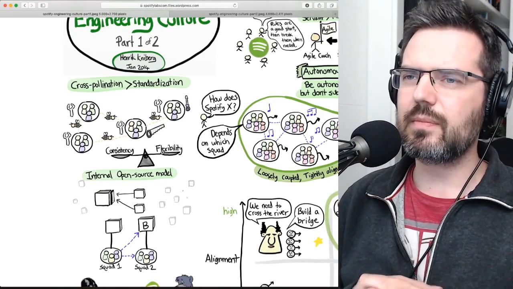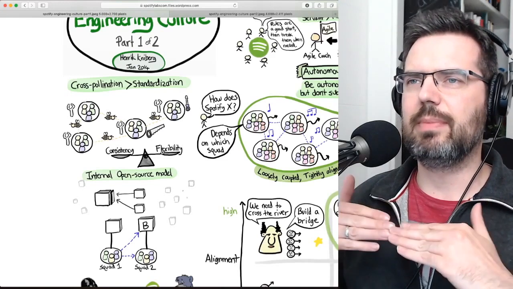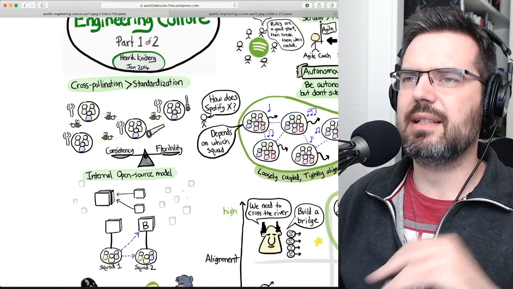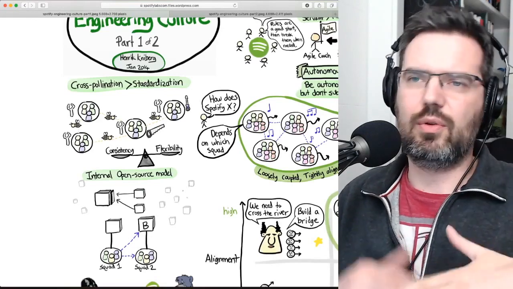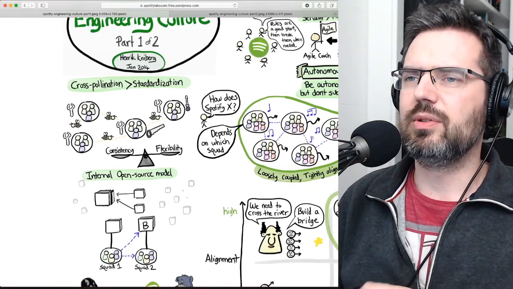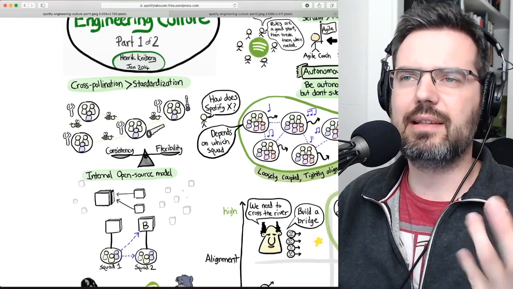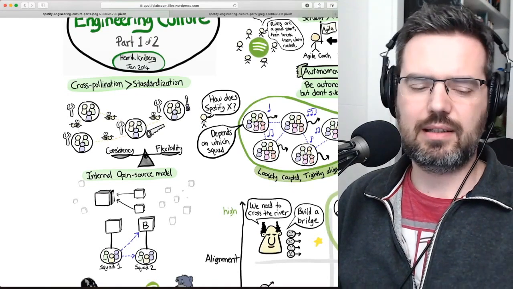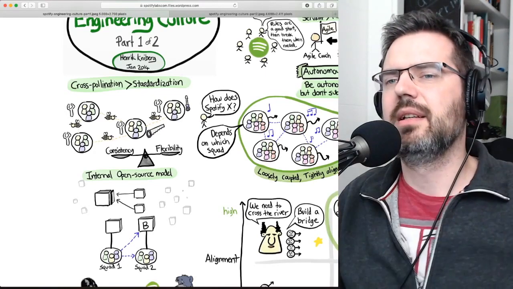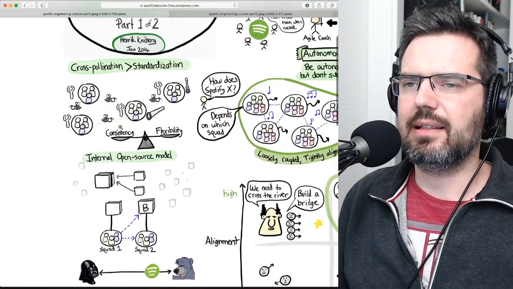And so they are trying to not focus on standardization for everything, so you have a bit of room to use the tools and libraries and so on that you need for the task at hand, that you need for your project.